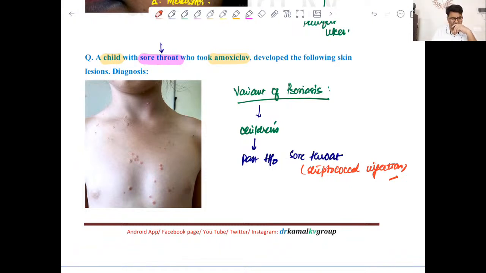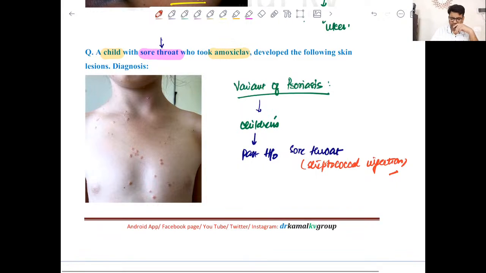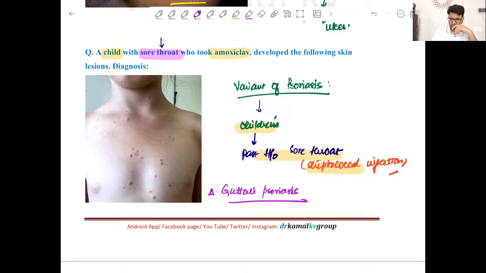Okay, so this is a variant of psoriasis, especially seen in children, with a past history of streptococcal infection. The moment you see these kind of words, you have to answer: this is Guttate psoriasis.